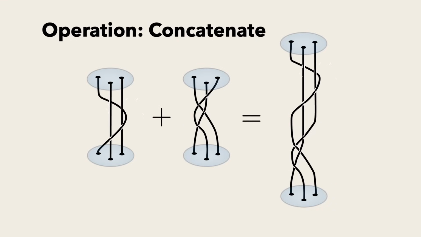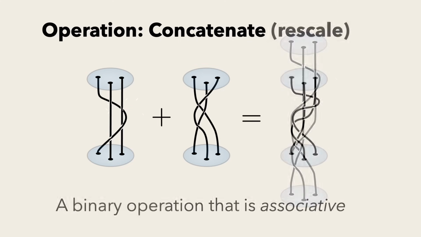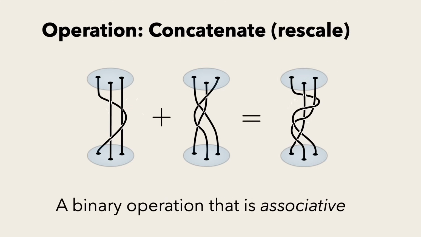Here we're doing obviously the vertical version, but you can do a left to right version as well. So here's the first braid, cutting off around the height of the equal sign. There's a second braid below, and then just to keep things nice, we rescale. And this is a binary operation.